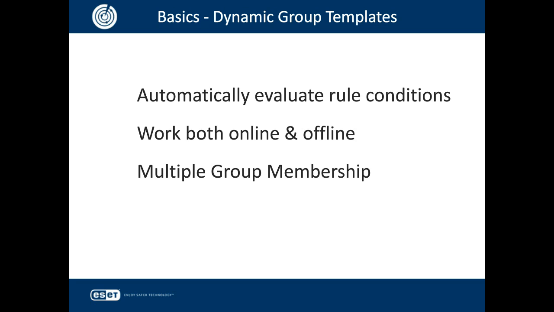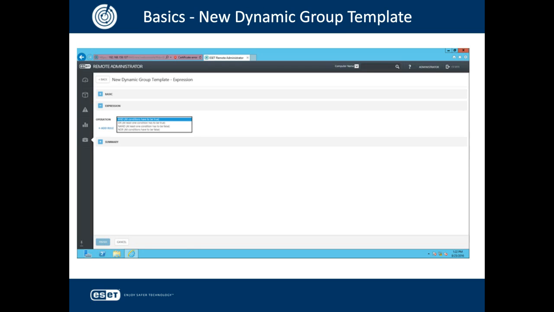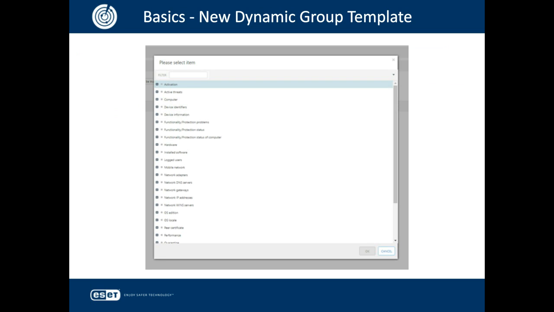The interface looks something like this, in that you can choose multiple different operations, such as AND, OR, NAND, or NOR. Then you can choose from our list of multiple different identifiable information to sort those computers by. It includes things like name, IP address, domain, installed software, and so forth.